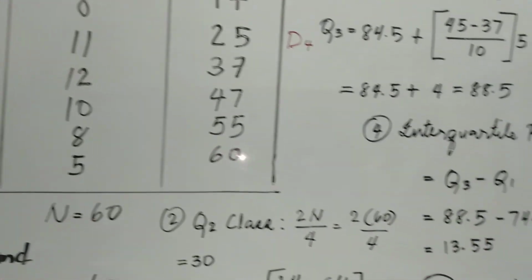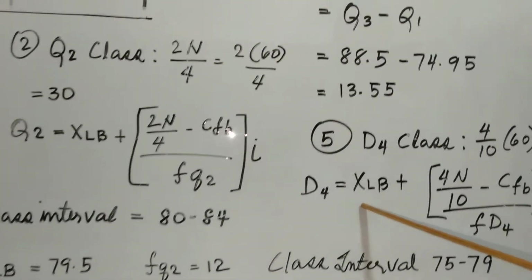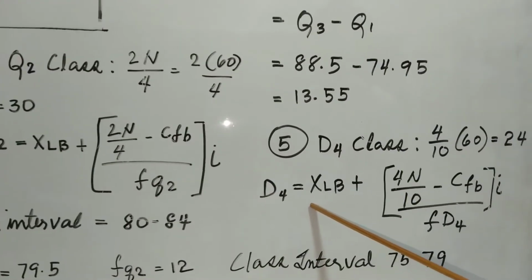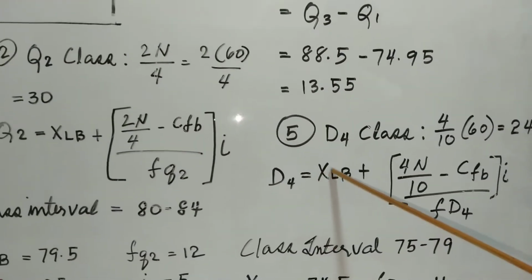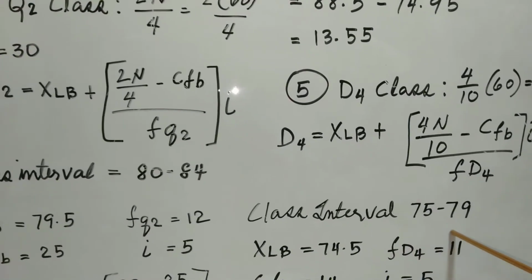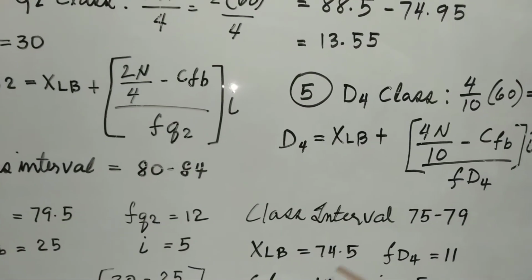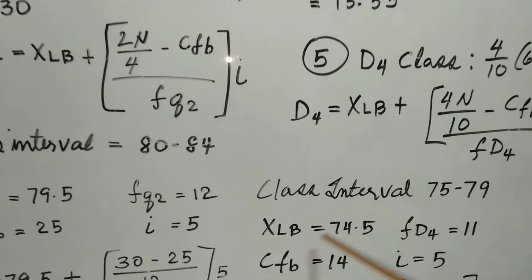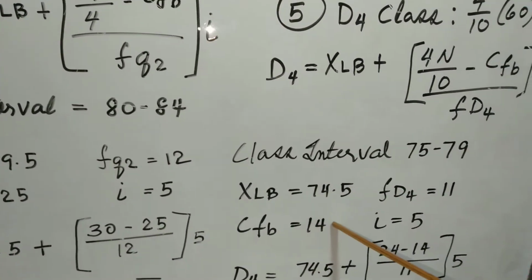XLB, the lower bound, since the class interval to be used is 75 to 79, is also 74.5. The cumulative frequency below this is 14 also.